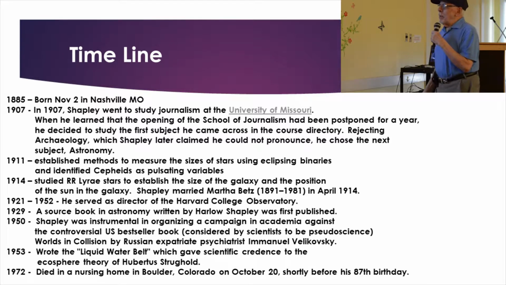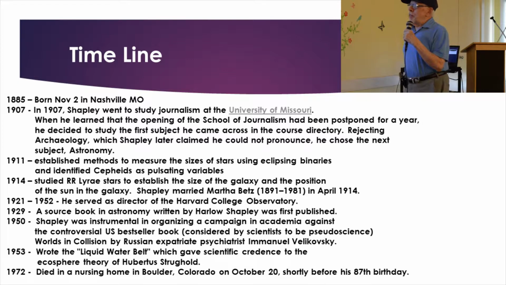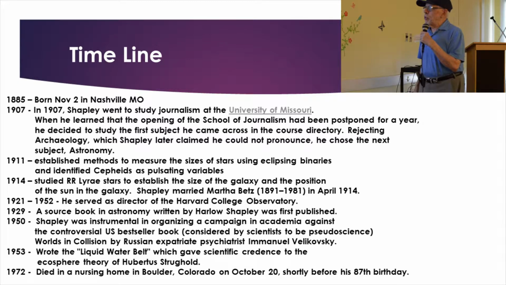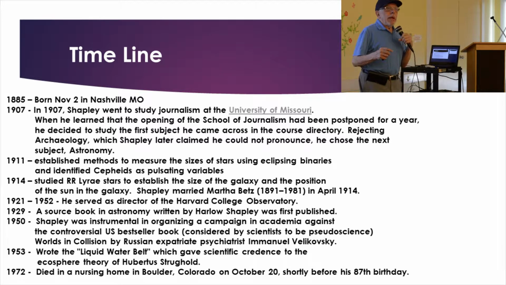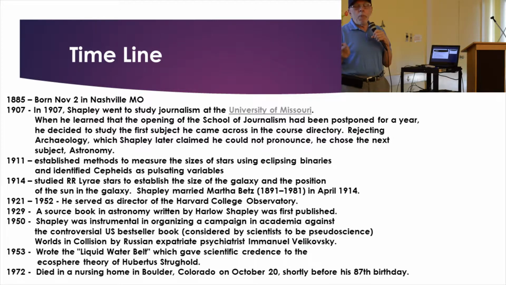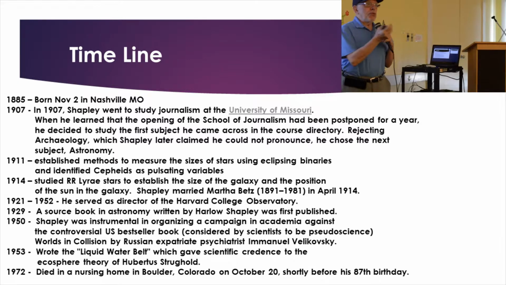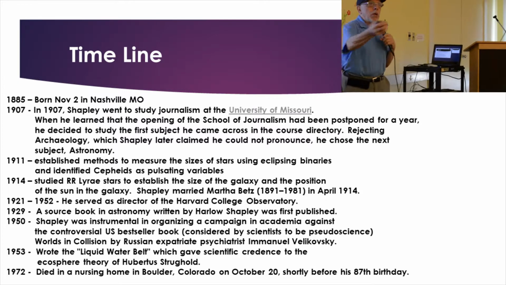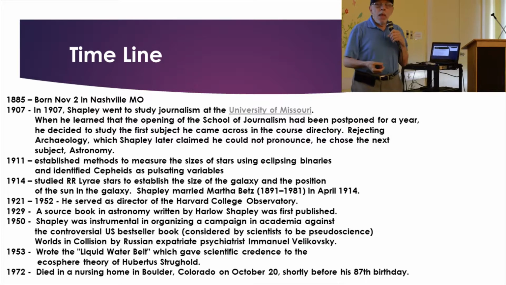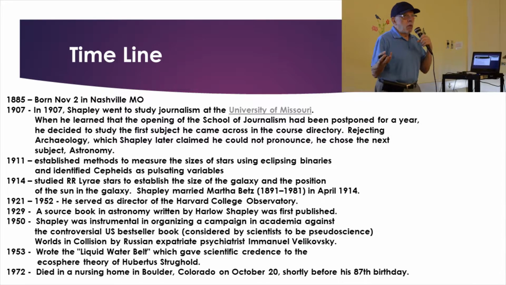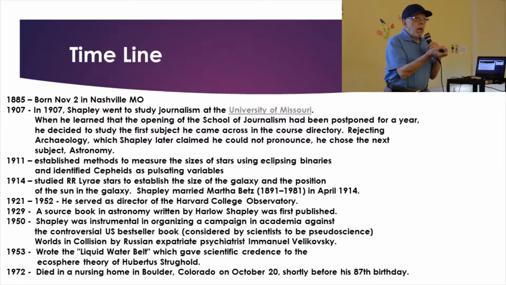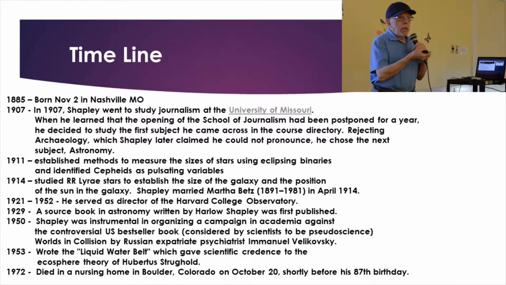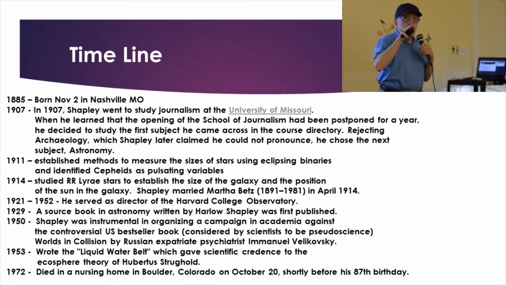In 1911, he established methods to measure the sizes of stars using eclipsing binaries. So we know that many stars are what we call binary stars. There's a smaller star that's in orbit around a larger one. In many cases, not in all cases, but in many cases, the smaller star is going in front of the larger one along our line of sight.